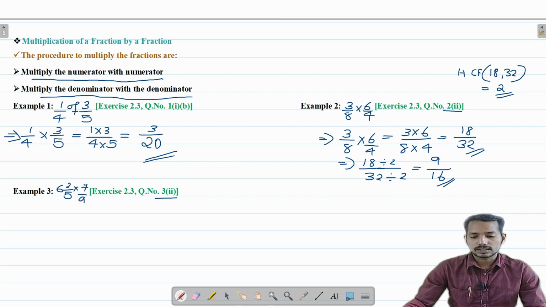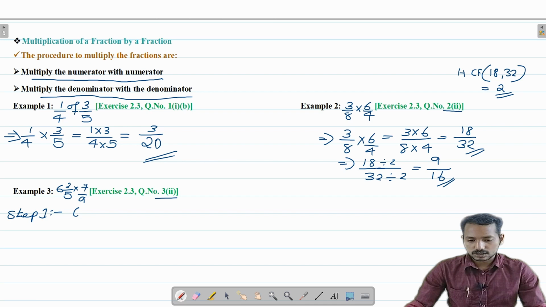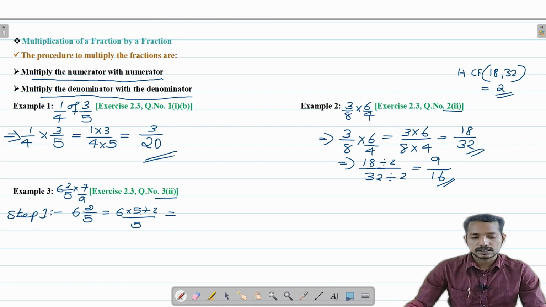In step 1 we convert the mixed fraction 6 2 by 5 into an improper fraction. So 6 2 by 5 is 6 into 5 plus 2, divided by 5, which is 6 into 5 is 30, 30 plus 2 is 32, divided by 5.